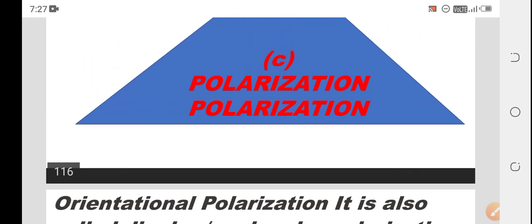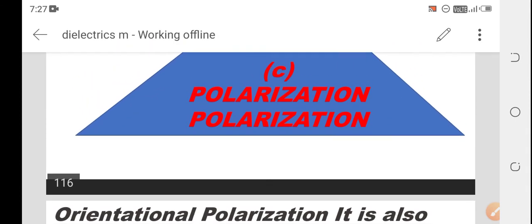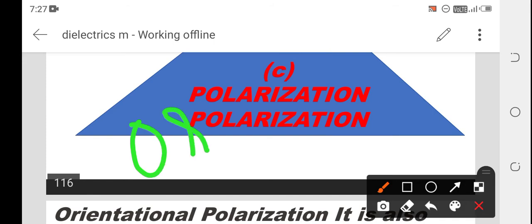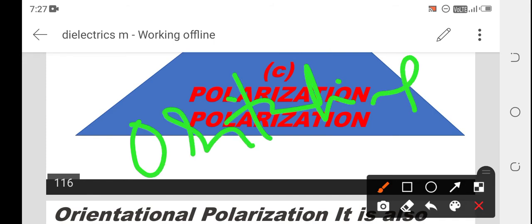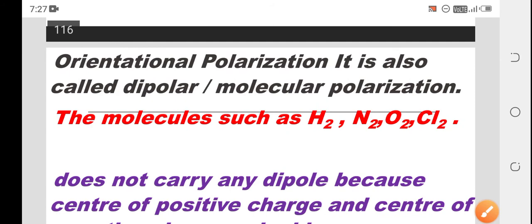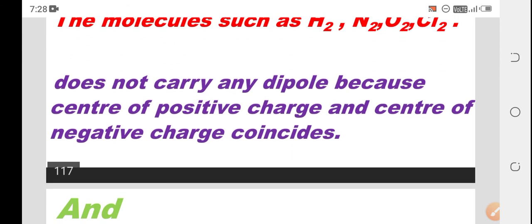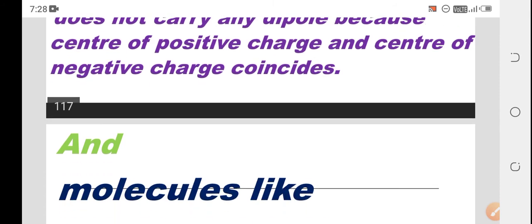Next, orientation polarization. It is also called dipolar or molecular polarization. Examples are N2, H2, O2, Cl2, which do not carry any dipole because the center of the positive charge and the center of the negative charge coincide.